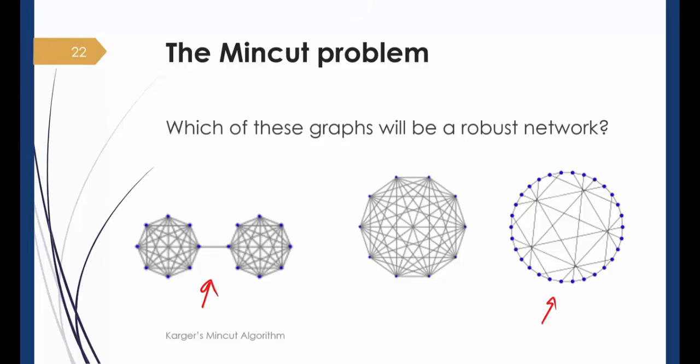This graph is okay, and this graph is good. And what makes you spot this? Because you can see in this graph that a single edge, if it is deleted, can disconnect the entire graph into two components. And so this is the nature of real world issues that motivate the mincut problem.